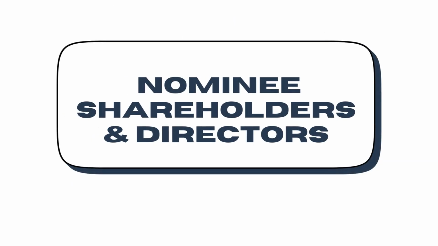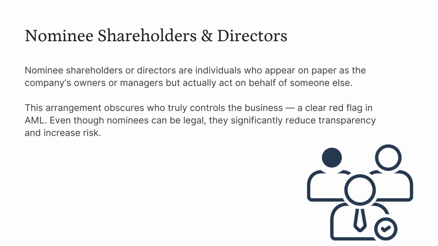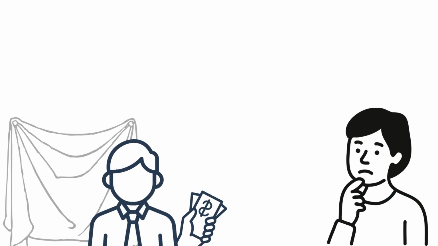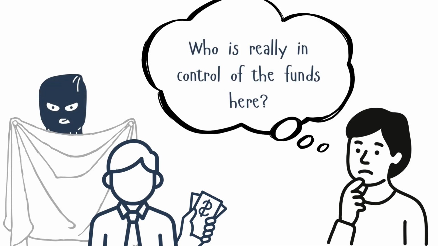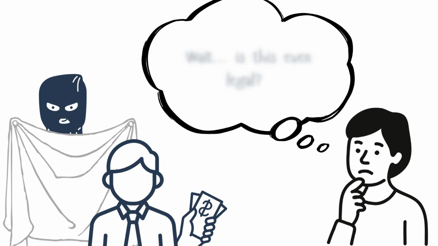Nominee shareholders or directors. Nominee shareholders or directors are people who appear on paper as owners or managers, but act on behalf of someone else. This makes it harder to see who really controls the company, and that's a red flag from a money laundering perspective. While not always illegal, nominees increase opacity and raise risk.